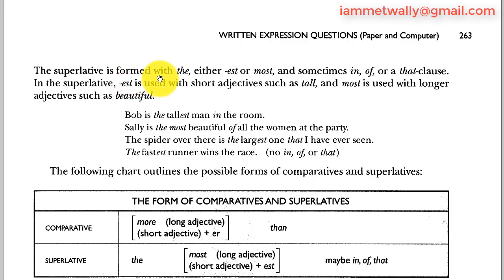The superlative is formed with the, either -est or most, and sometimes in, of, or a that clause. In the superlative, -est is used with short adjectives such as tall, and most is used with longer adjectives such as beautiful. Let's see. Bob is the tallest man in the room. The with -est and in, here a prepositional phrase.